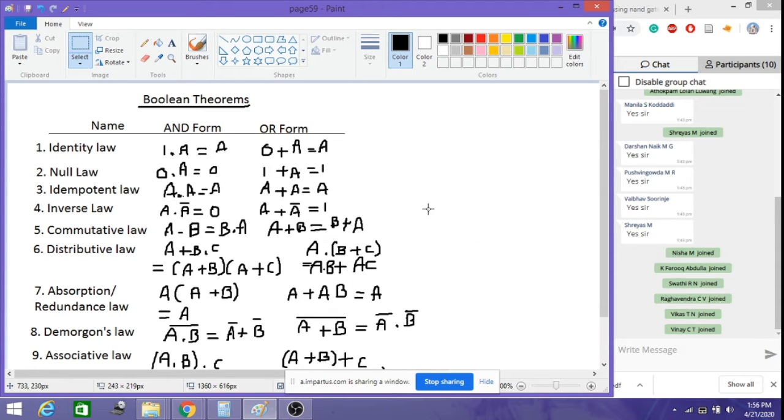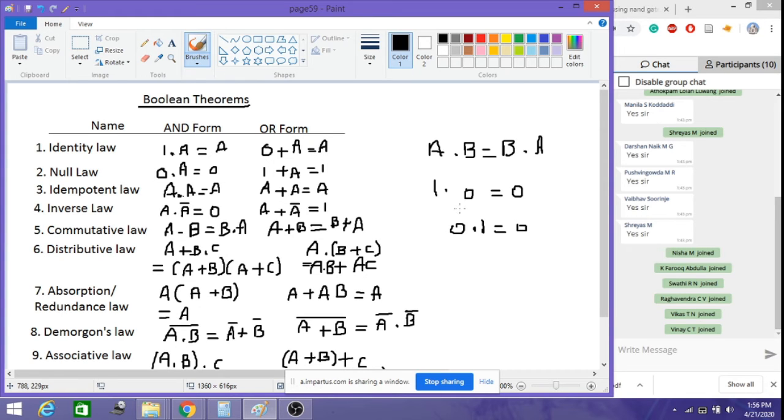So now let us talk about the commutative property, a very important and most often used one. A into B is equal to B into A. For example, if A is 1 and B is 0, then it results in the same thing, that is 0. Or if you multiply 0 with 1, it again results in 0 itself.